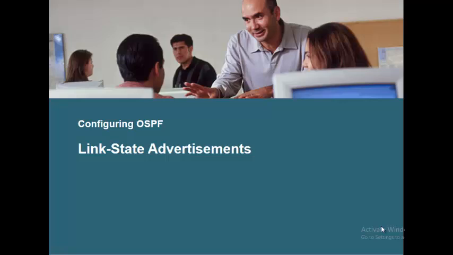So what we see here is that we have various area types, so advertisements can also be of various types. That's what I'm trying to say. Not all advertisements are equal. Advertisement types are different.